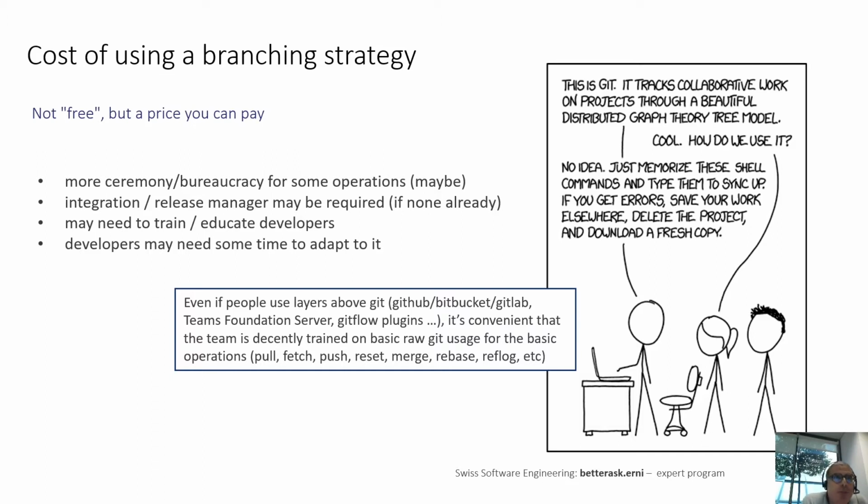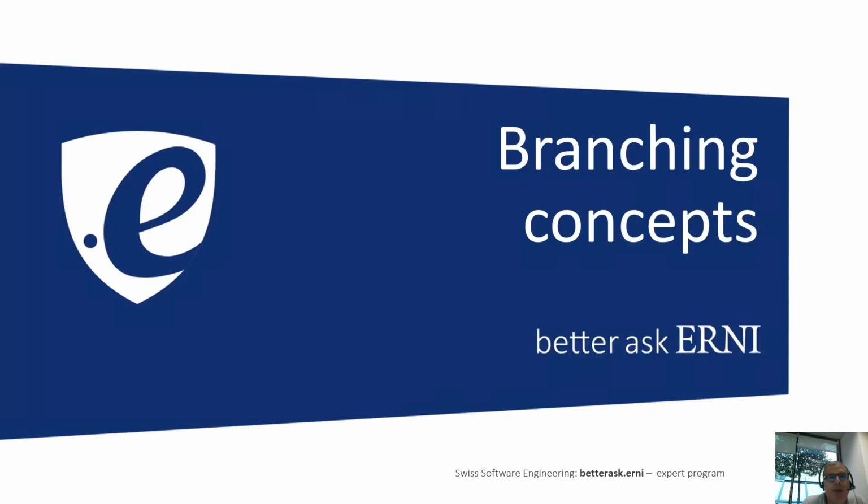So you need time to understand it and get used to the basic operations, like fetch, reset, merge, rebase, reflog. Reflog is a very important operation for not losing your work. So the joke here is, how does it work? Well, just memorize commands, and if you don't understand, just make copies of your folders and start again. So you have to train your developers, and yourself, if possible, to use raw Git. Okay, let's go now with another concept.